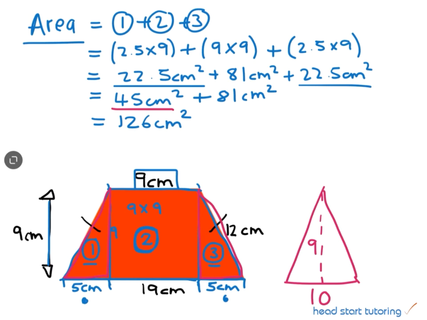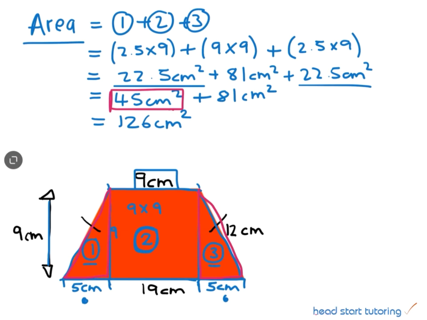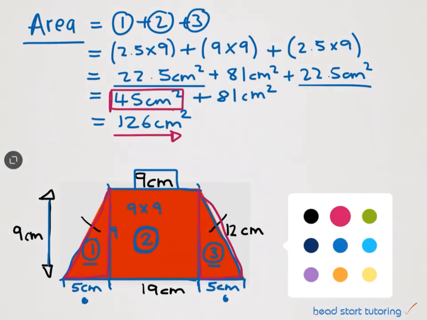So if you wanted to join those two triangles together and then work out that area, you could have done that as well. So half our base here, so half of 10 is equal to 5, and 5 multiplied by 9 gives us an answer of 45 centimeters squared. So you could have done that as well. Right, so now the area of this trapezium is 126 centimeters squared.